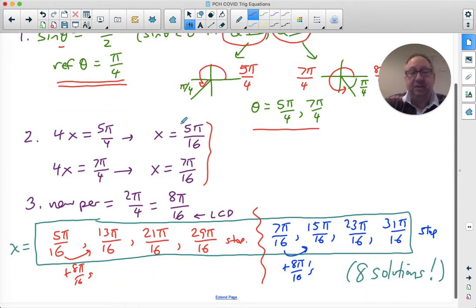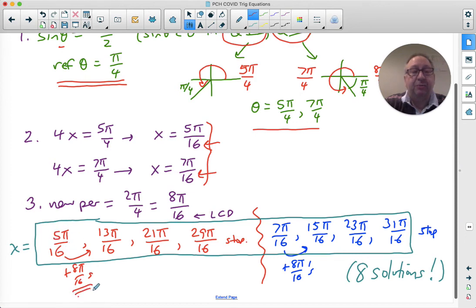Finally, and this is just a mechanical process, we're going to take the new period. The coefficient was a 4, so the new period is old 2 pi divided by 4. To get a common denominator so that I'm able to more easily add to my starting points, I'm going to multiply by the 4s and get 8 pi over 16. So we're going to start with our 5 pi over 16. Here it is, our first solution.